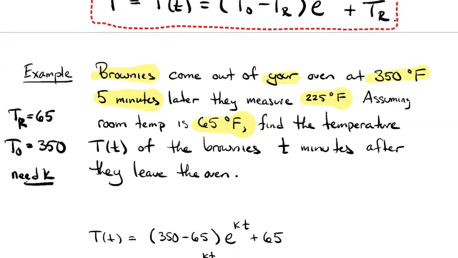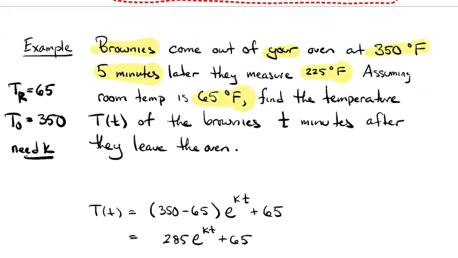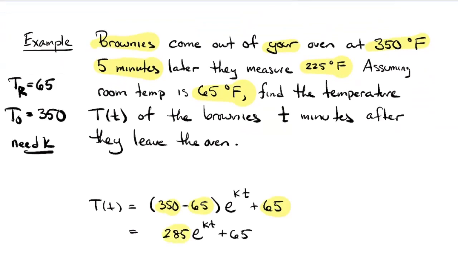But let's plug in what we've got so far. So I've kind of started to write this out down here, so I don't have to do the arithmetic in the video. So I'm plugging in my T sub 0 minus my T sub R. I don't know K, but I multiply that by e to the Kt and then add T sub R. Well, 350 minus 65 is 285.